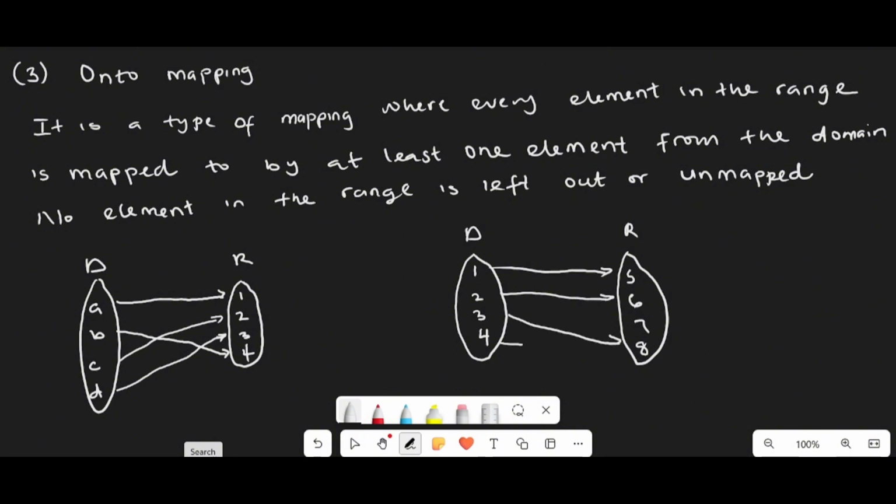And 4 also is mapped with 8. And this one is not onto mapping because there is an element in the range that is not mapped with any element in the domain. This example is not onto mapping.